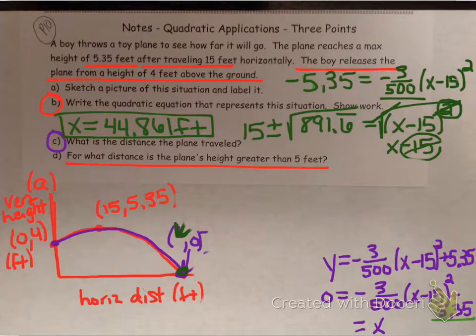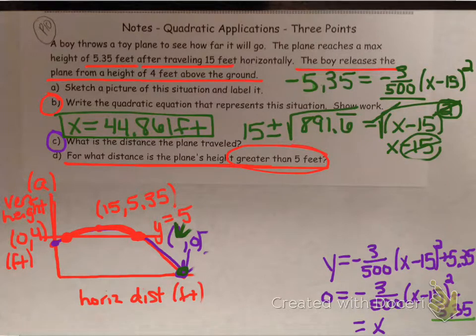And so you want to know if we were able to draw a horizontal line across the graph at y equals 5. What we're doing is we're essentially marking the two spots where the plane actually is 5 feet off the ground, and what it says is, for what distance is the plane greater than 5 feet? So we want to know, where is the plane above that horizontal line?